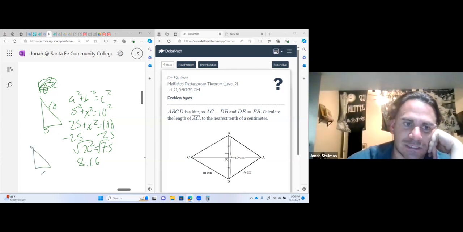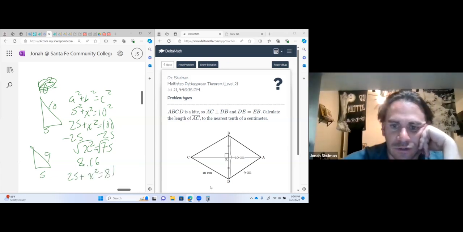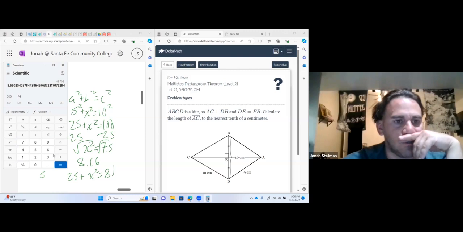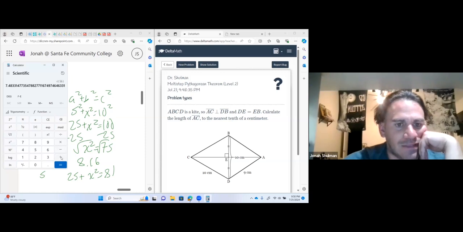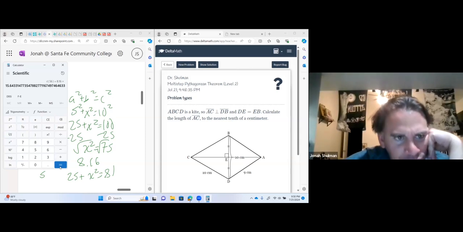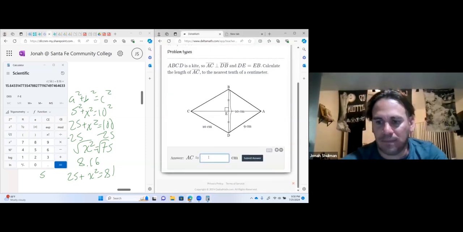So it's basically the same thing, but now it's 25 plus x squared equals 81. So all we have to do is 81 minus 25. We take the square root of 56. We add this to 8.66, and we have 15 points to the nearest tenth, 15.6.